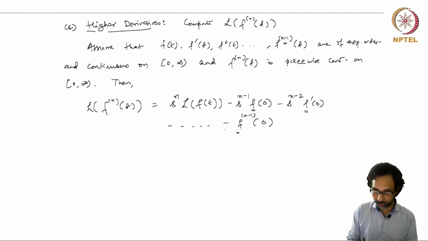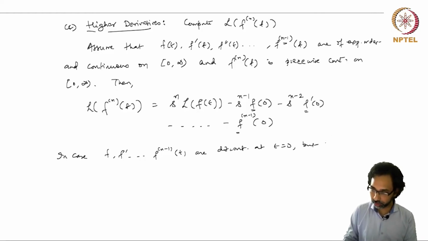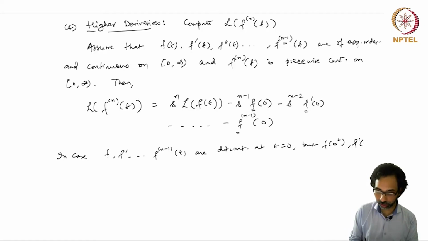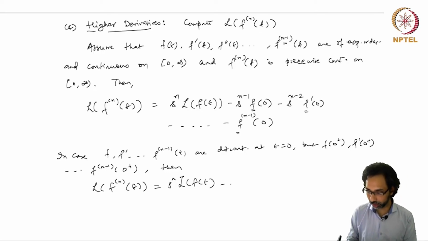In case f, f prime, etc., up to the n minus first derivative are discontinuous at t equal to 0, but these values exist when you take the limit as t tends to 0 from the right, then the corresponding formula is simply the same formula, except that you have to take the limits for each of these terms.